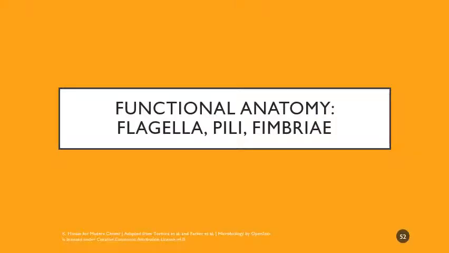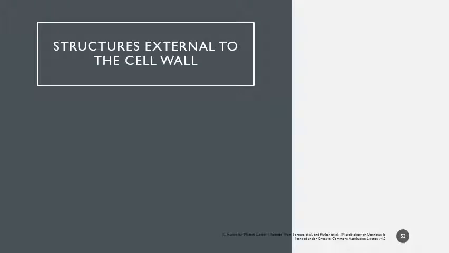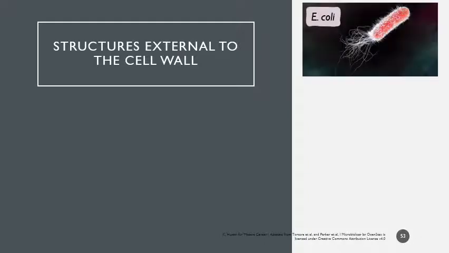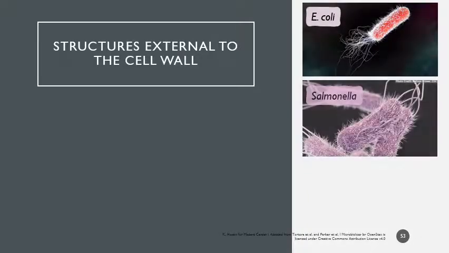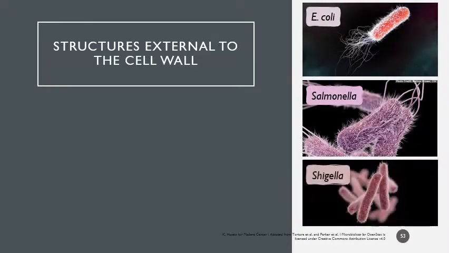Okay, so then I think this is the last bit of functional anatomy, looking at different structures that are involved in movement and causing an actual established infection. There are a lot of different types of structures that are external to the cell wall. All of these cells, E. coli, Salmonella, and Shigella, are what we call enteric bacteria.